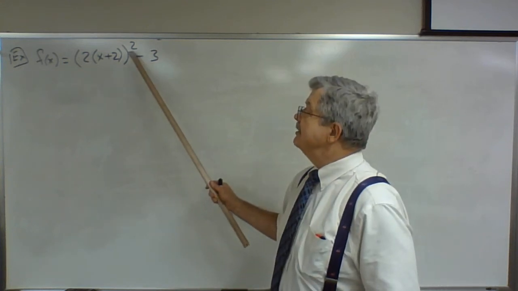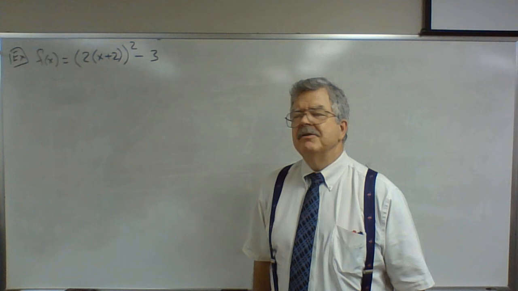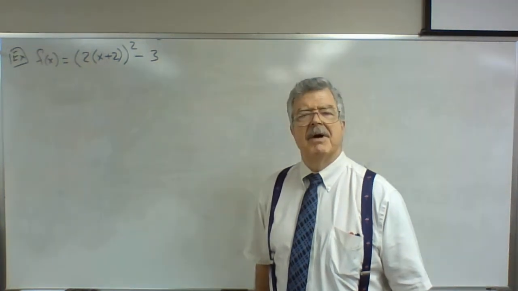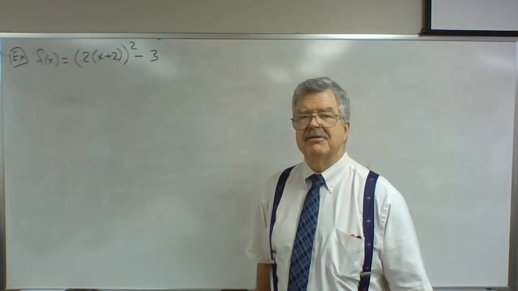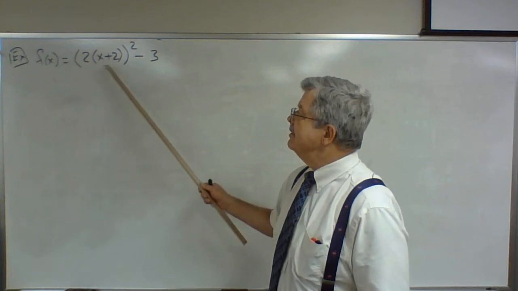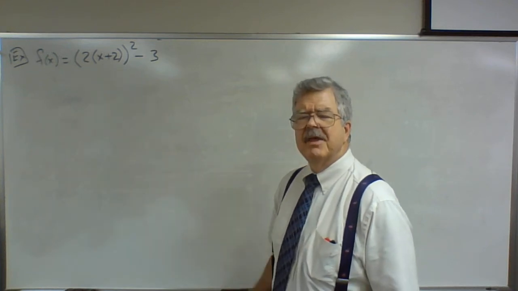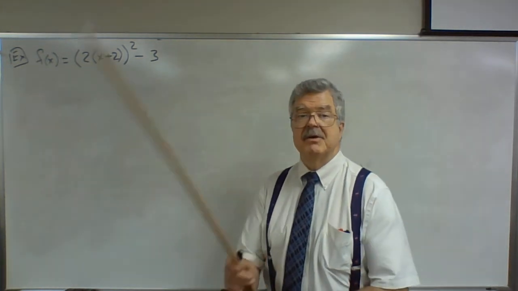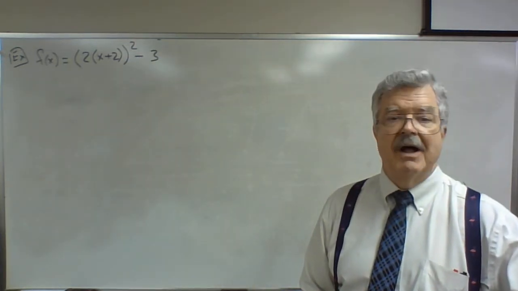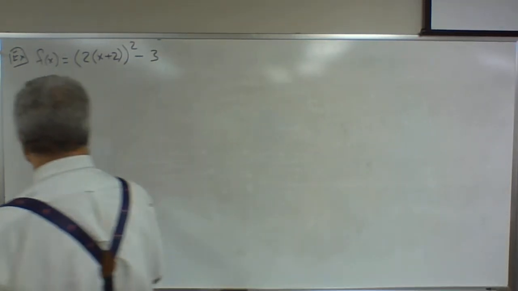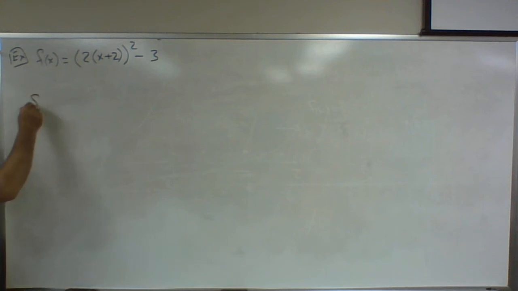I see something squared here, so the basic function from my repertoire of basic functions that I'm going to use to pattern this after is going to be f of x equal x squared. So I'll draw a graph of that. F of x equals x squared.